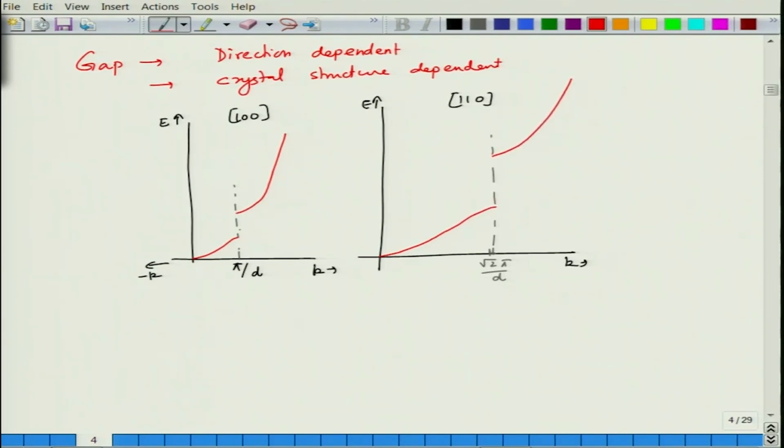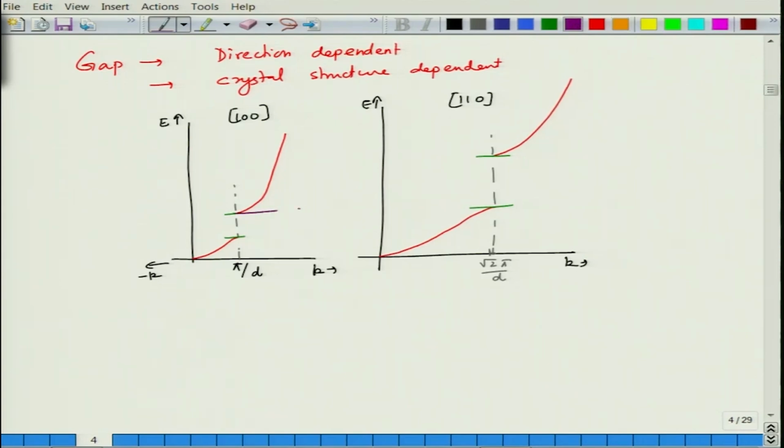So, this is for 110. So, you have a certain gap state at 100 and certain gap state at 110. We can see that the effective gap, because you can see that all these things are connected in a crystal.